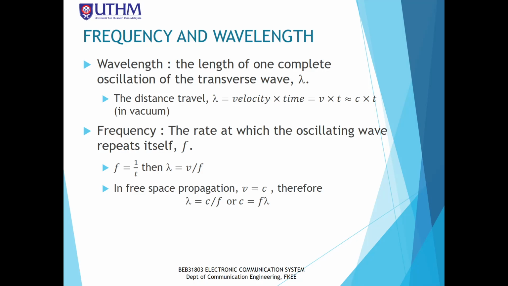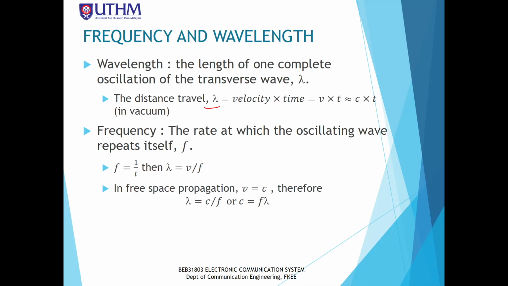Frequency and wavelength. Wavelength, lambda, is the length of one complete oscillation of the transverse wave. Lambda shows how long the wave has traveled in one complete cycle. Berapa jauh gelombang itu telah bergerak dalam masa satu kitaran lengkap.